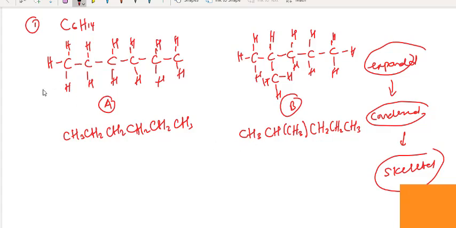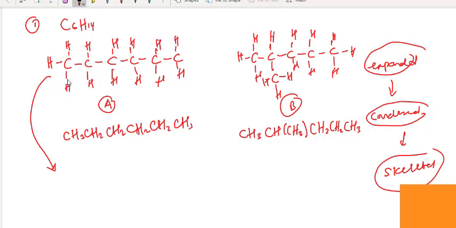To make it easier, we should refer to the expanded structure if we want to draw the skeletal, because if you look at the condensed structure, you might feel confused, as the condensed structure is quite tricky.